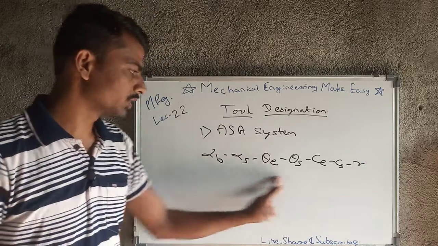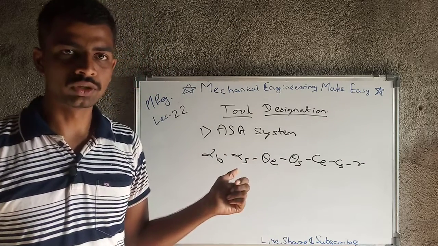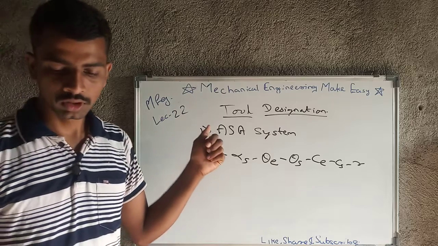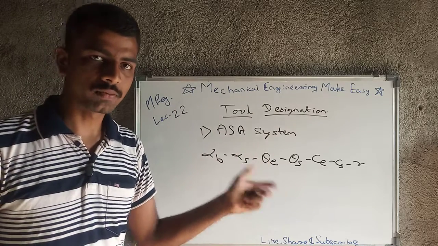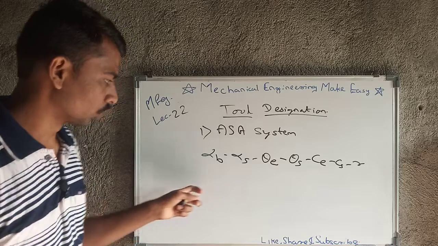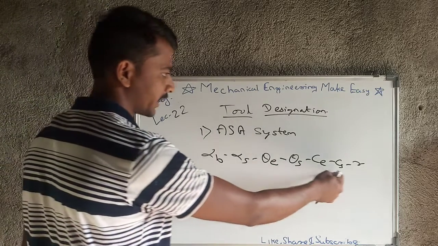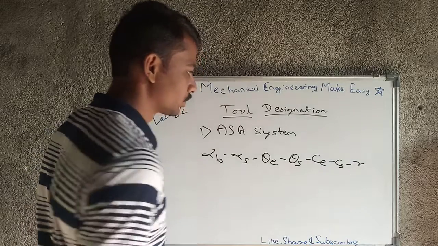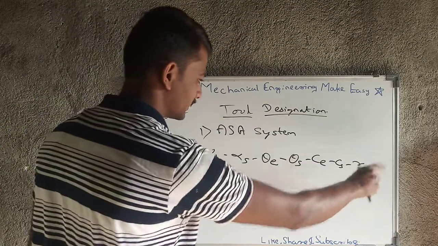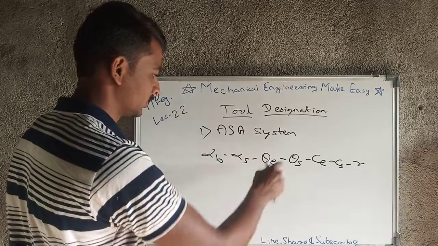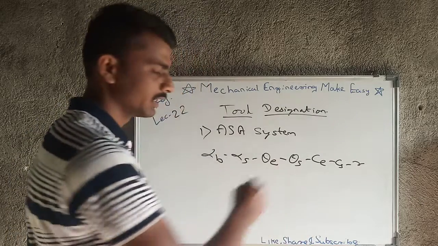If you don't know these parameters, then watch my previous video, in that I have given you all the idea of single point cutting tool geometry. So back rake angle, side rake angle, end relief angle, side relief angle, end cutting edge angle, side cutting edge angle and nose radius. If we have the designation with American Standards Association, then that designation will be in this form.